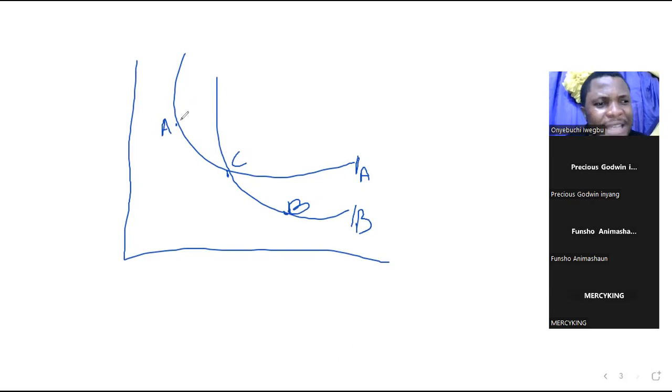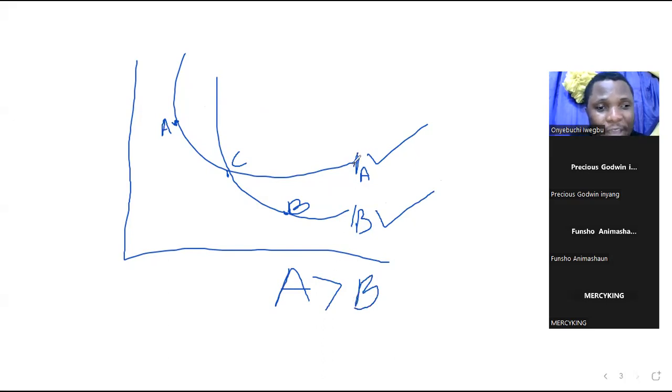How? You see that point A is on indifference curve A. Point B is on indifference curve B. Honestly, using the farther the indifference curve is from the origin, the higher the level of satisfaction, I can say that the satisfaction at point A is higher than the satisfaction at point B, because indifference curve A is lying outside, or farther than indifference curve B. But what about point C?